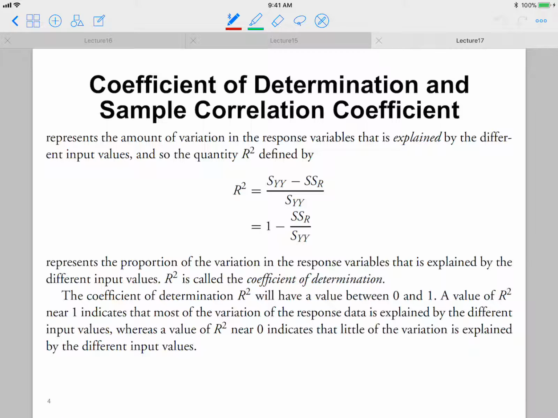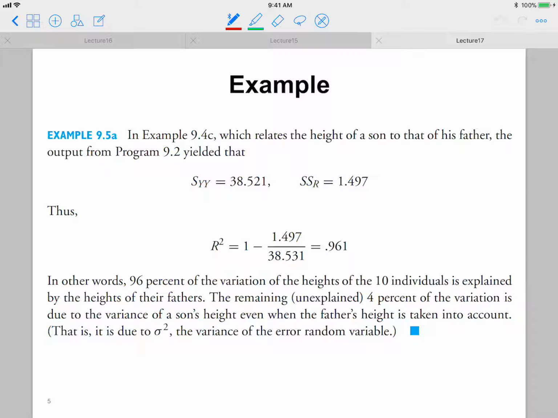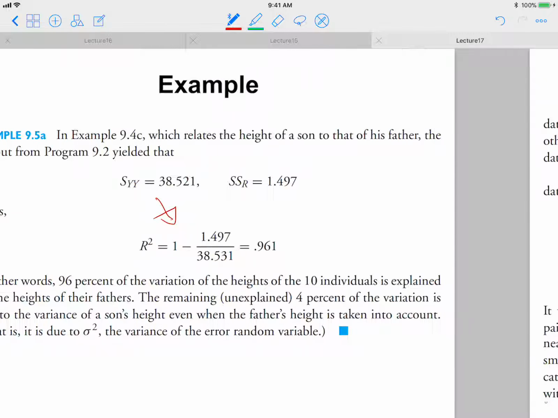Okay, so let's look at the definition of R squared. It is SYY minus the sum of squares of residuals, divided by the total variance of y, and it can be represented in this manner as well. Then you can easily follow this example; it is nothing but plugging these values into this formula.